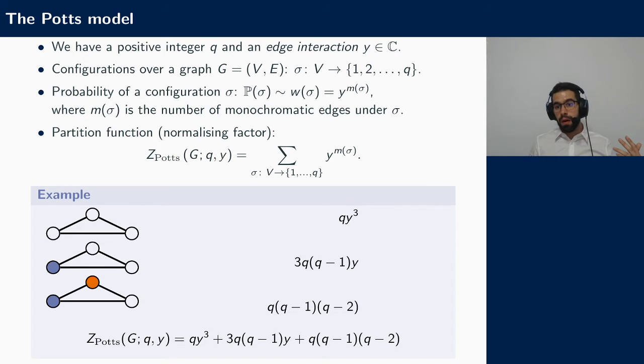Those that only assign the same color to two vertices, and therefore they only contribute y to the partition function. And lastly, those that assign different colors to each vertex, and only contribute one to the partition function. So by adding the q-colorings of all those kinds, we obtain the partition function of the Potts model for this graph.